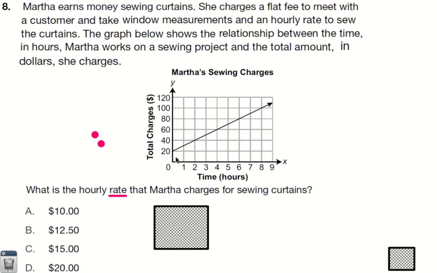Let me throw in a random bonus concept or explanation here. According to the graph, what is her flat fee? This is an extra question I'm throwing in out of nowhere. What's her flat fee?